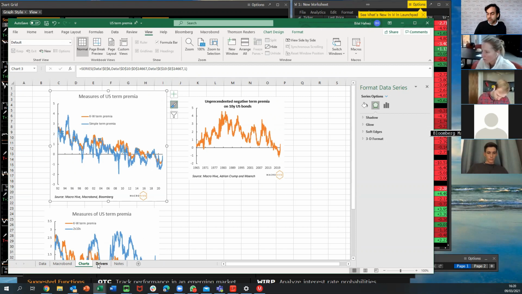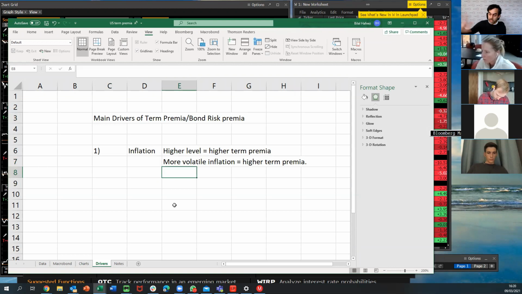So if you have a belief that inflation is going to pick up and it's going to be wild, you're going to have 4% inflation one year, next year it's going to be 0, then 5, then 0, then term premia will really start to pick up. Whereas if you expect inflation to be stuck at 1% forever, then term premia will go down towards 0. It's not clear that it will necessarily go negative, but it will just push term premia down. So that's one big reason.